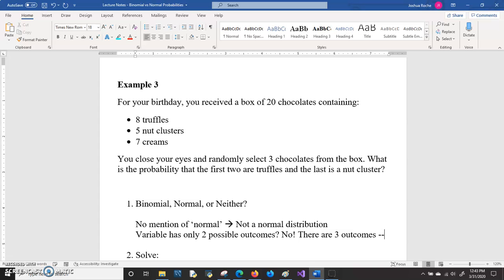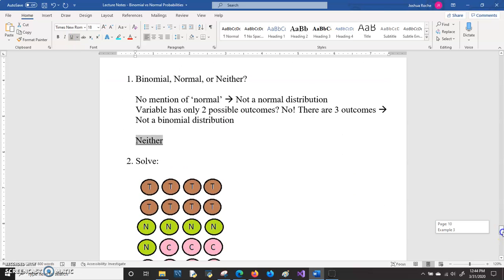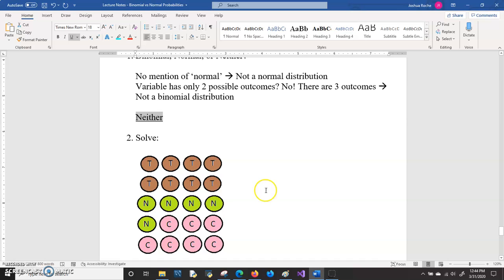And so all of that means that this is not a binomial distribution. So the answer, I guess, is that this is neither. And if it's not normal and it's not binomial, then you'll need to use other methods to solve it.